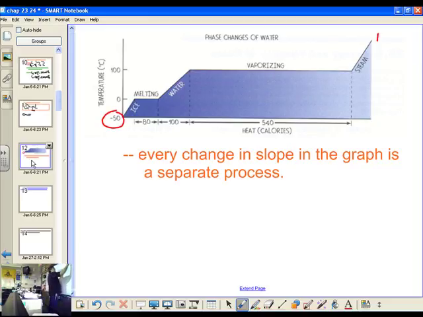So if I wanted to go, say, from minus 50 to 150, how many steps would I have to take? 5. Because you might recall, is the specific heat for ice and the specific heat for liquid and the specific heat for steam the same?